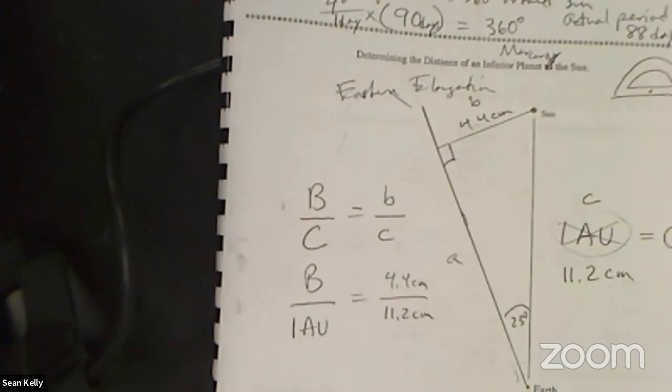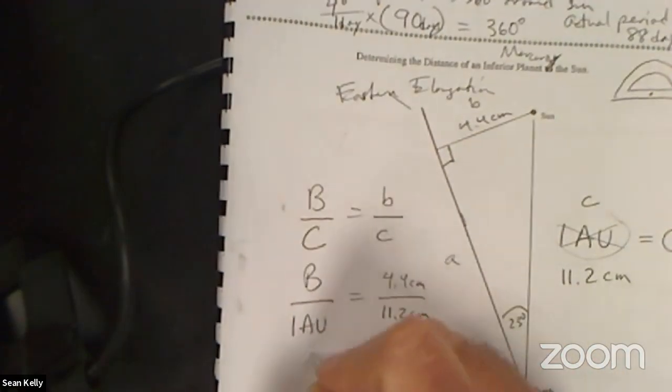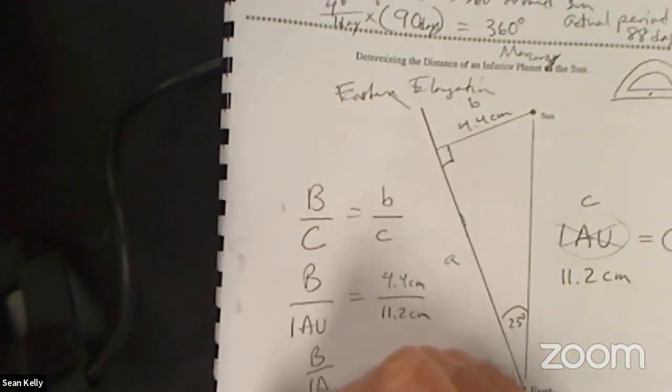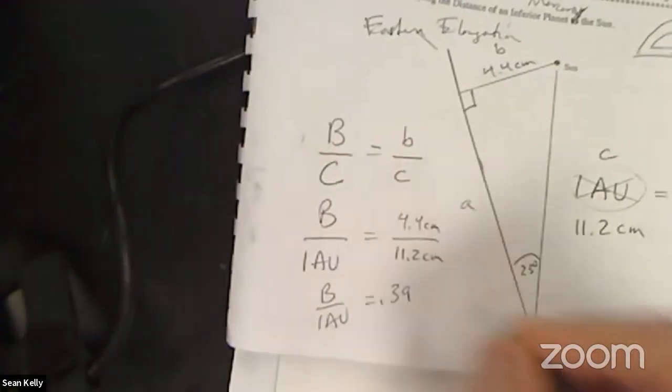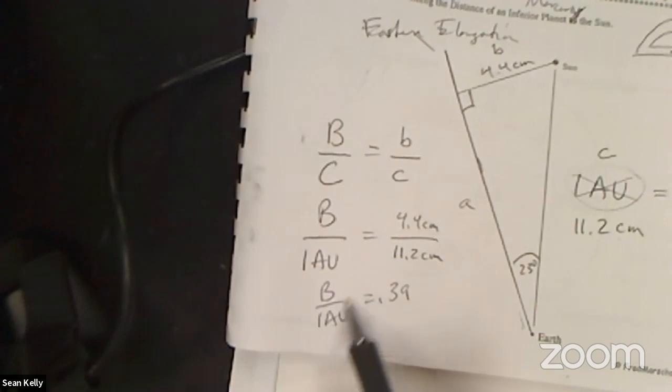Okay, 4.4 divided by 11.2. And I got B divided by 1 AU equals 0.39.